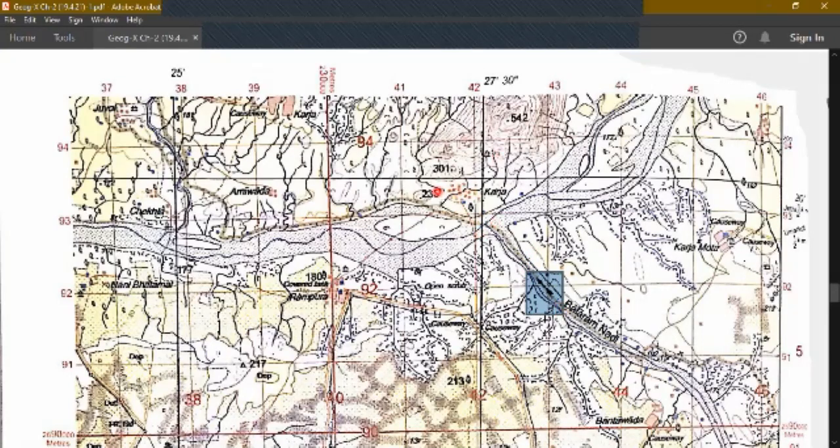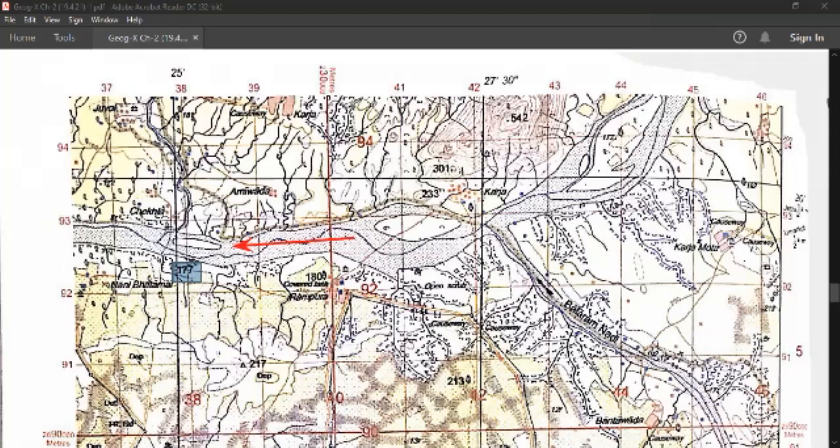Here the spot height is 233 nearby this river, then it becomes 180 and 177. It means the river flows towards the west, as the spot heights are decreasing towards the west. Understood, children?